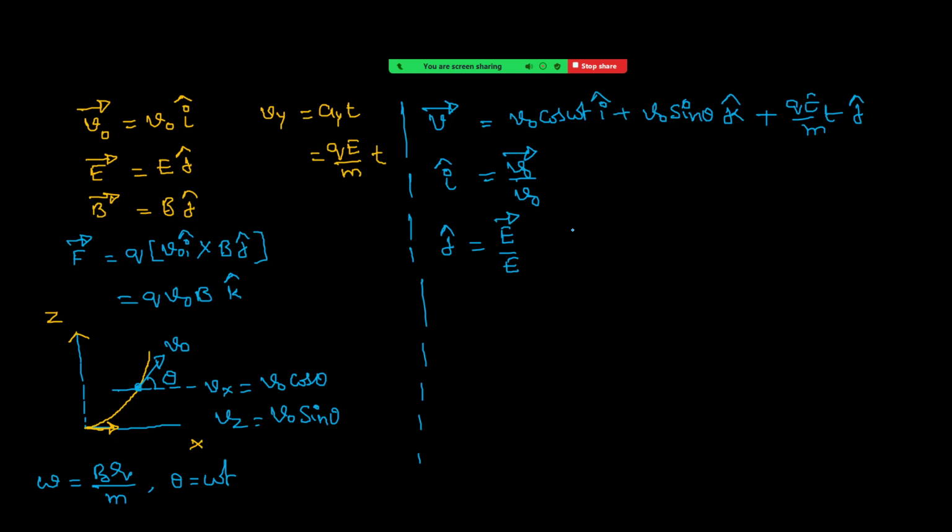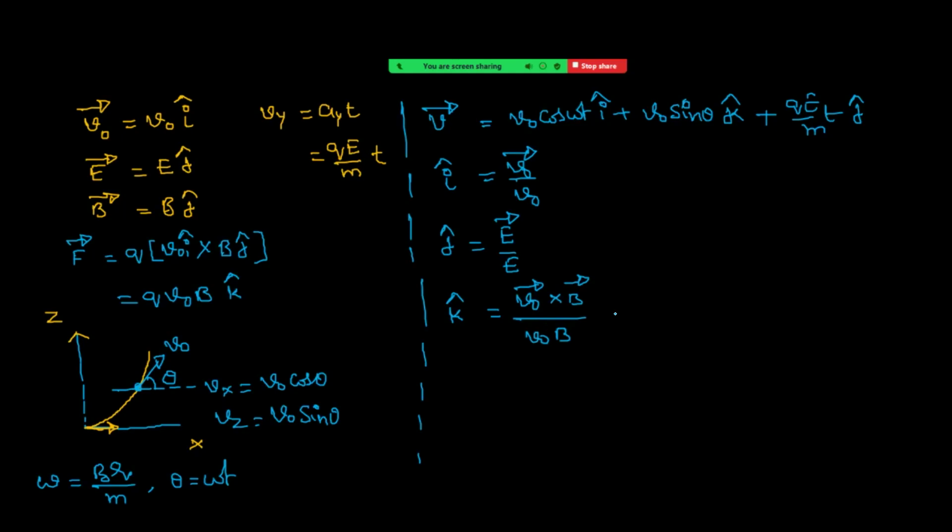Next, see what is left here: K cap. In the place of K cap, what can we write? K cap is equal to I cap cross J cap. Then we can write it as V naught bar cross B bar divided by the modulus value V naught B. This gives us K cap.